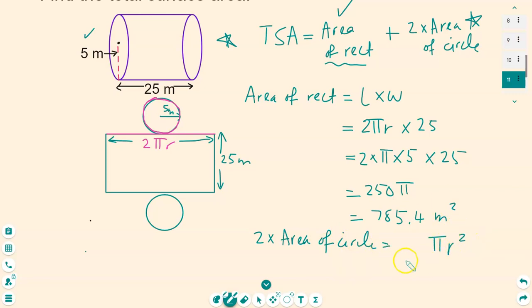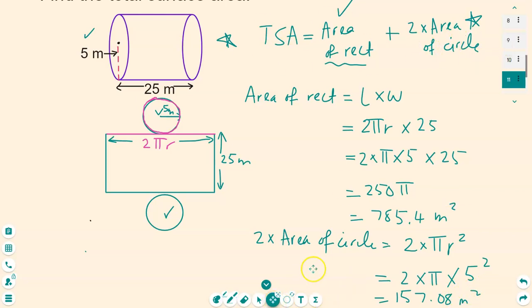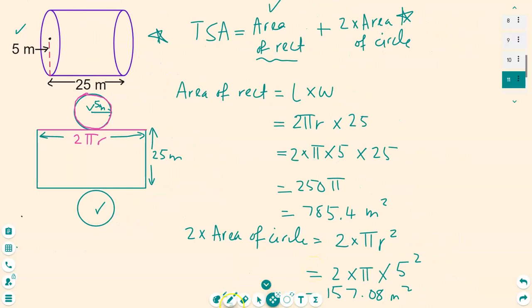It's pi r squared, and we're going to be doing that times 2 since there is 2 circles. 2 times pi times, what's our radius? 5 squared. And I'm just going to put that all in my calculator. 157.08 to 2 decimal places.